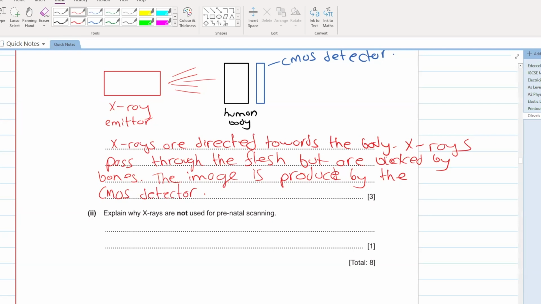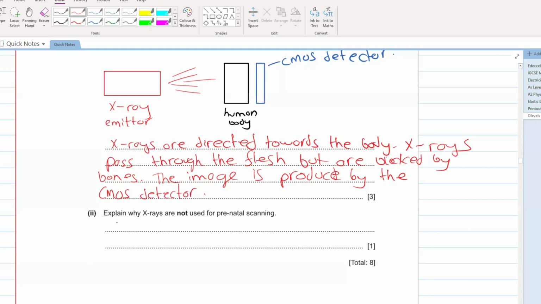X-rays can cause harm to the small baby, the infant that is still not born. Beta, when does prenatal scanning happen? Before even the baby is born. So it might cause cancer, it might cause cell mutation, it might affect the birth. All of these are possible.